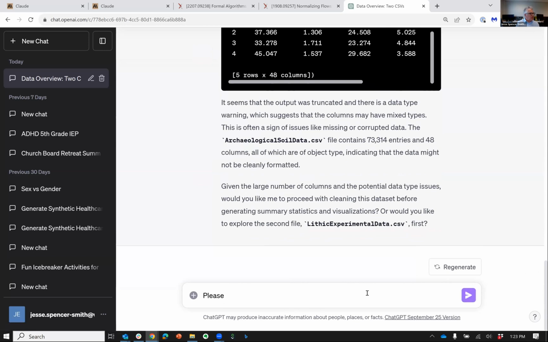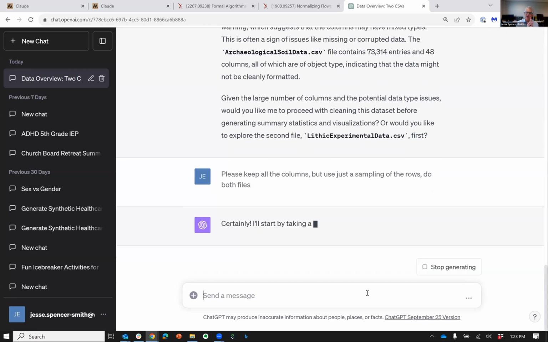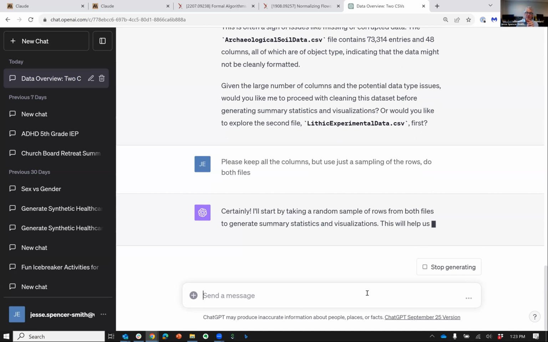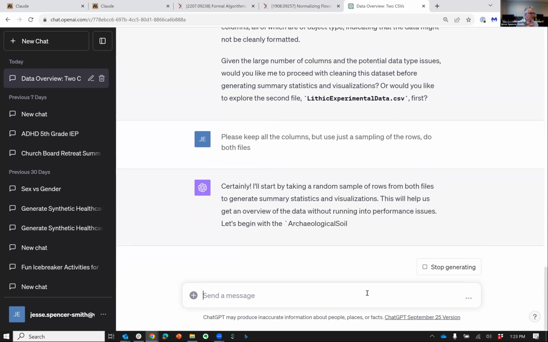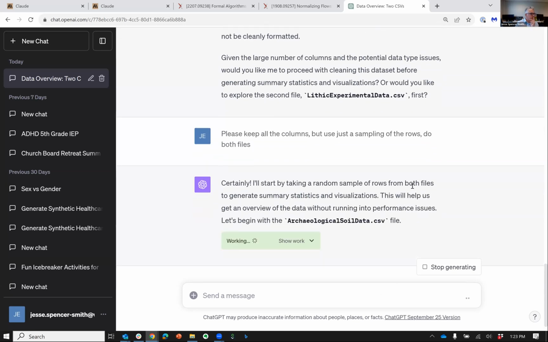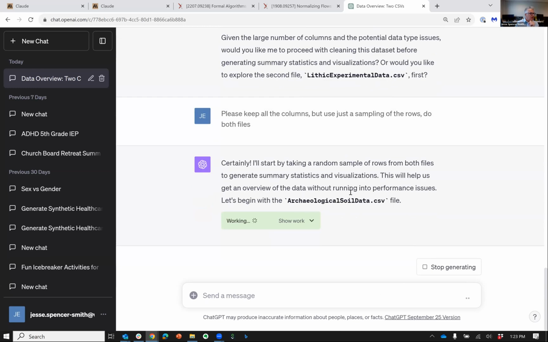Please keep all the columns, but use just a sampling of the rows. Do both files. So you can almost think of this as a very well-trained assistant that knows how to write Python code. So now it's going through.